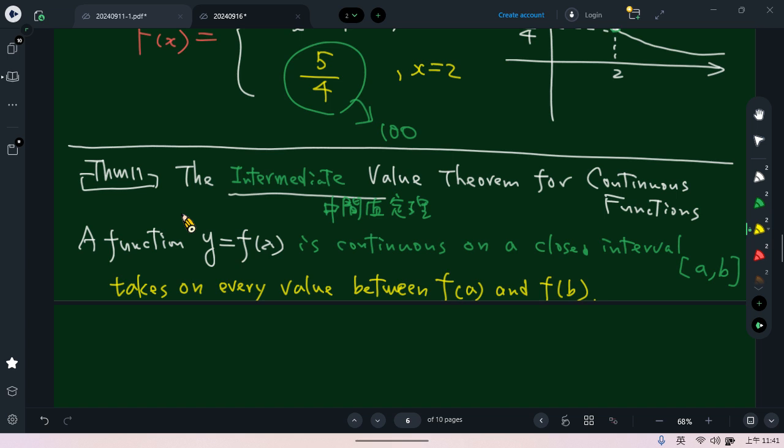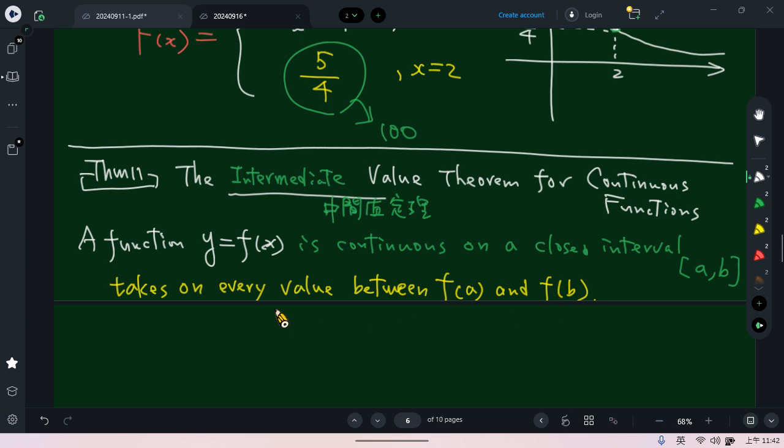But if it's just defined like this, it's hard for you to understand. Before I go to the simpler one, let me explain: if y is equal to f of x is continuous on this interval, what does it mean that it will take on every value between f of a and f of b?